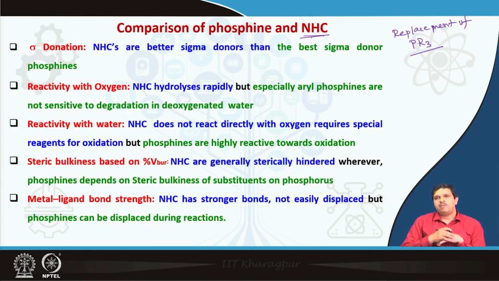Because the electronic properties of N-heterocyclic carbenes and phosphines are very much similar, without too much compromising of catalytic activity. N-heterocyclic carbenes are also good sigma donors, actually better sigma donors than the phosphine ligands.